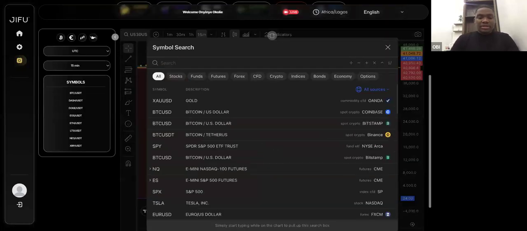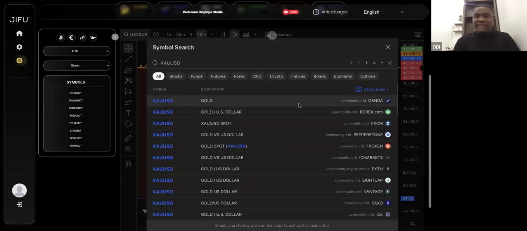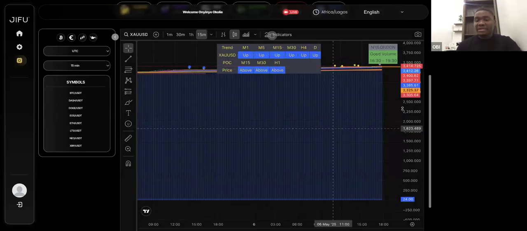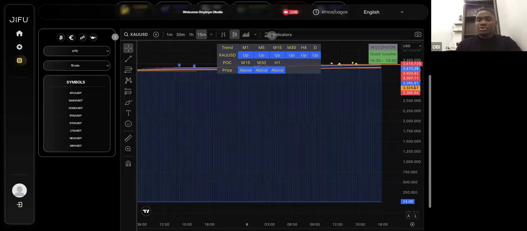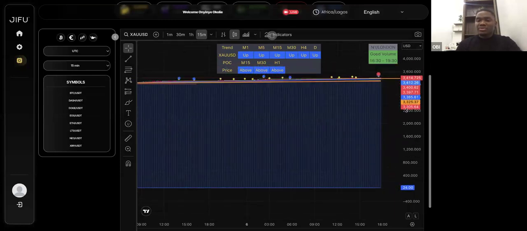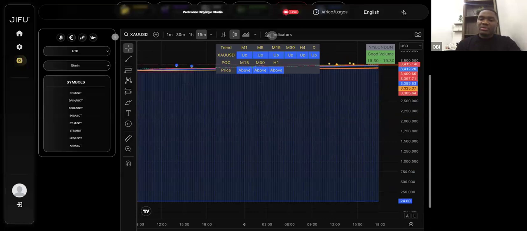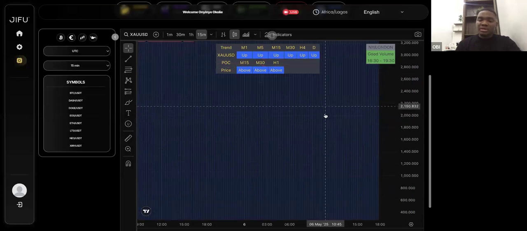All right, so let's look at XAUUSD on a 15 minutes time frame on Qshot.